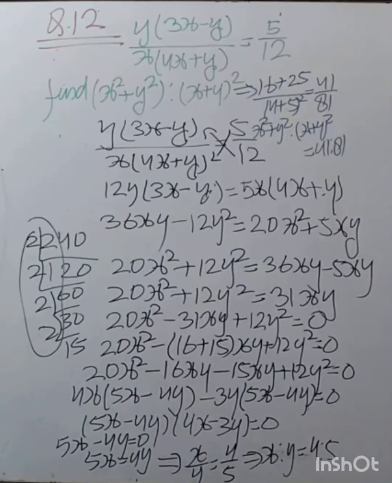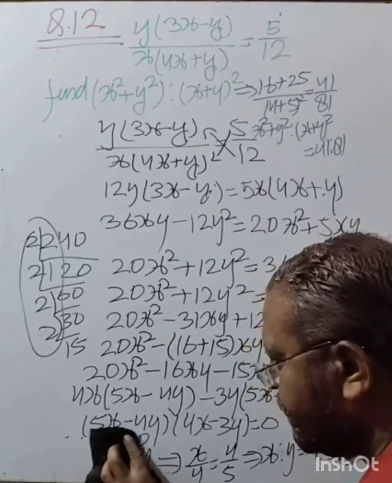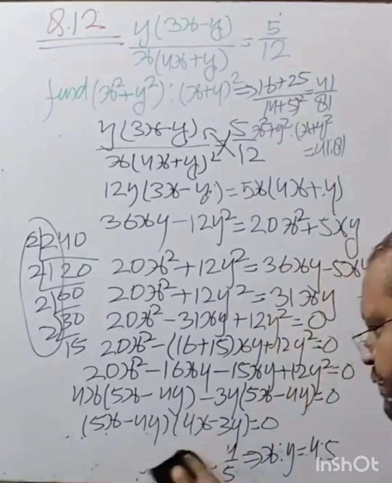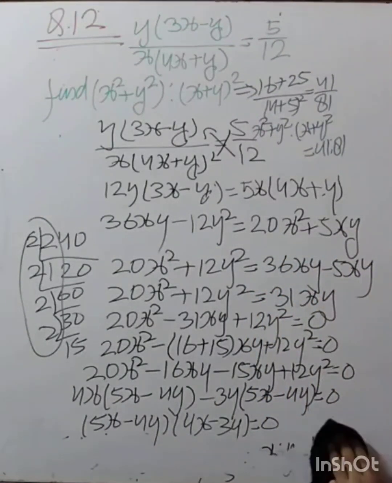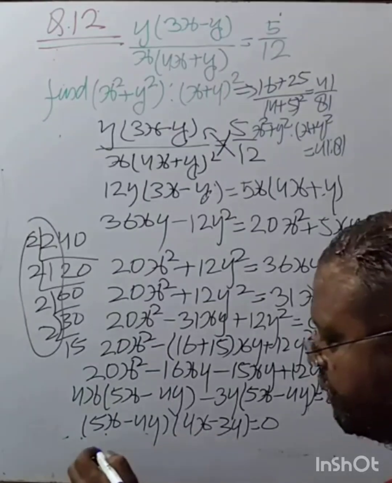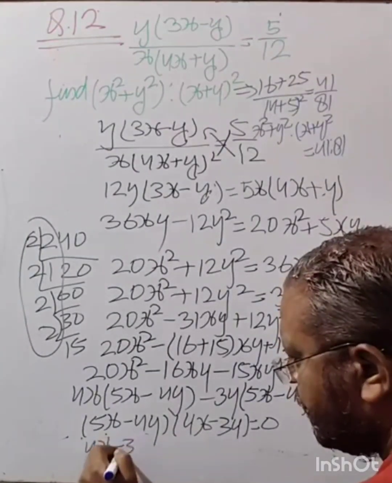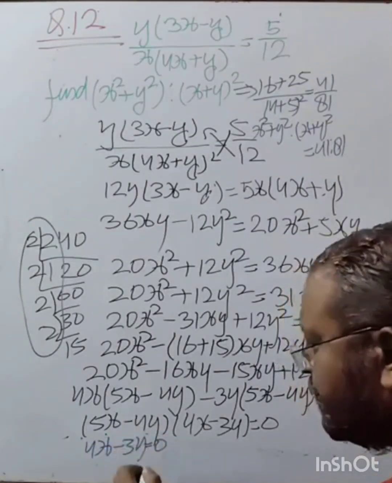Now if we take, if I rub it from here, so now we can write 4x minus 3y is equal to 0.